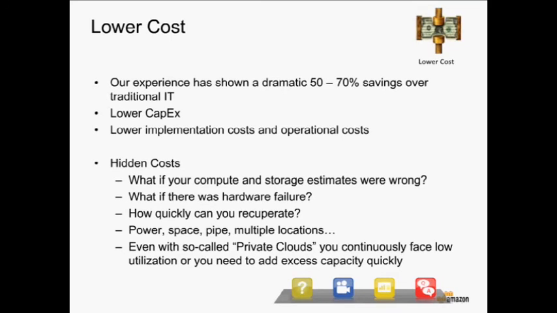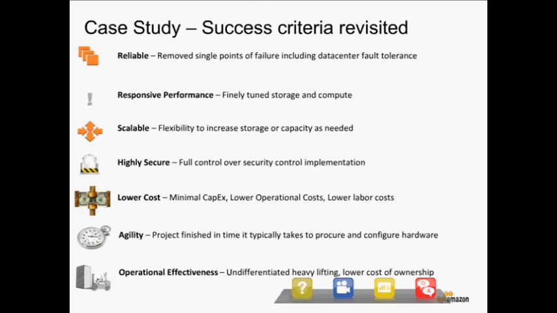So let's take a look at our 7 criteria for success and describe how the AWS infrastructure supported us with that. Obviously, when you look at reliability, AWS has an SLA for 99.95% uptime for EC2. S3 is up to 11 nines for durability.